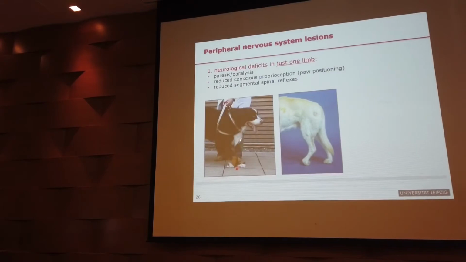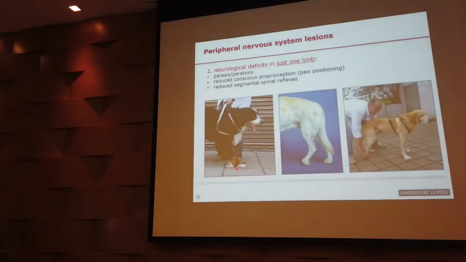So if you have a patient that is turning around the paw, it doesn't matter front or rear limbs, and the only deficits you see are in this one limb, it's probably in the nerves of that one limb. Plexus brachialis tumor or avulsion typically does cause those deficits. Sometimes the patient is not standing that way, you have to perform your test, and you find deficits in only one limb, it's a peripheral nervous system.